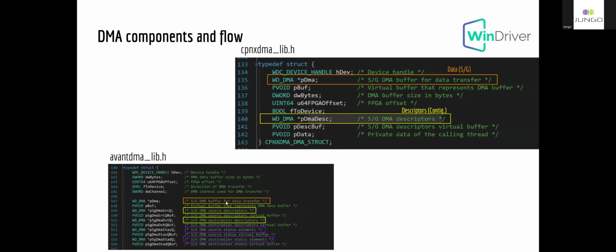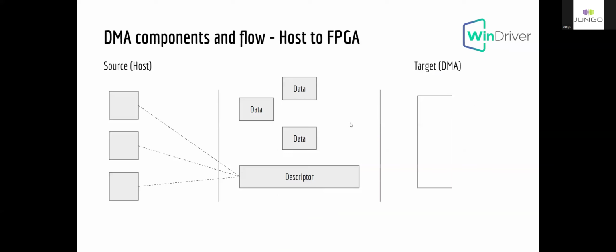It changes between devices. Not every device will have the same buffers or the same elements. In Avant, for example, we have a status element, which is why you need to be highly familiar with how your device works. But for us in WinDriver, it is the same functionality.